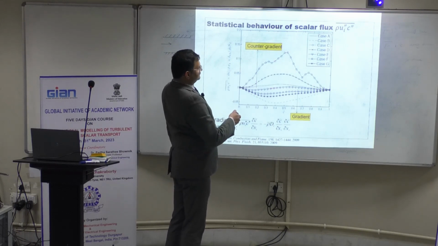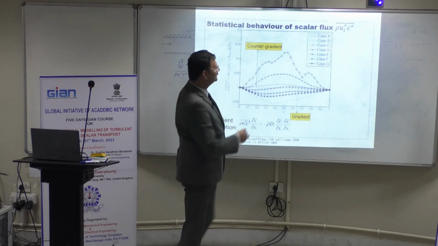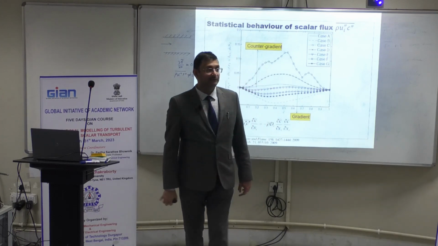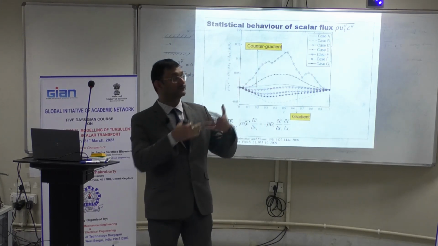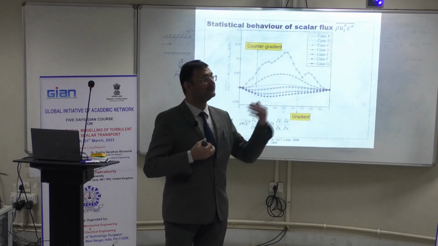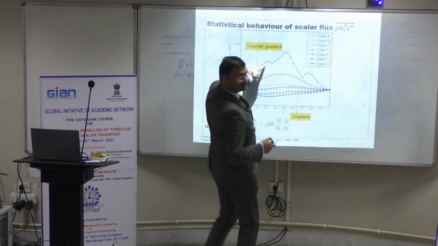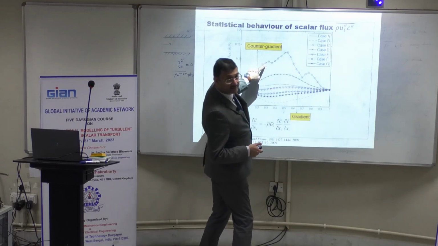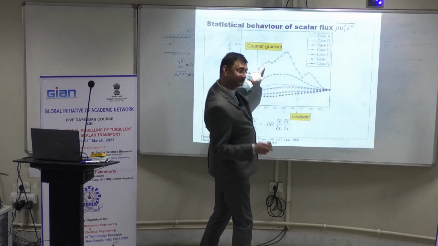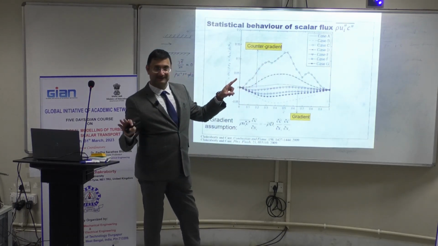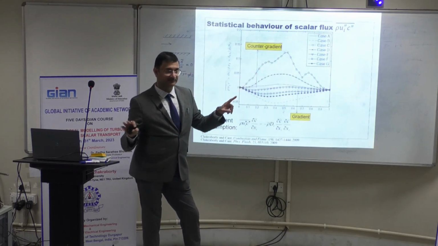This one is Lewis number 0.34. I told you the reaction rate effects are stronger in that case. That means heat release effects are stronger. Thus, significant counter gradient transport. Follows the logic? What we talked about earlier.